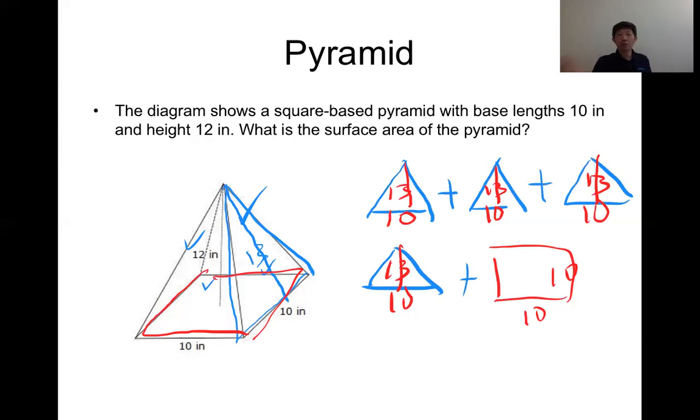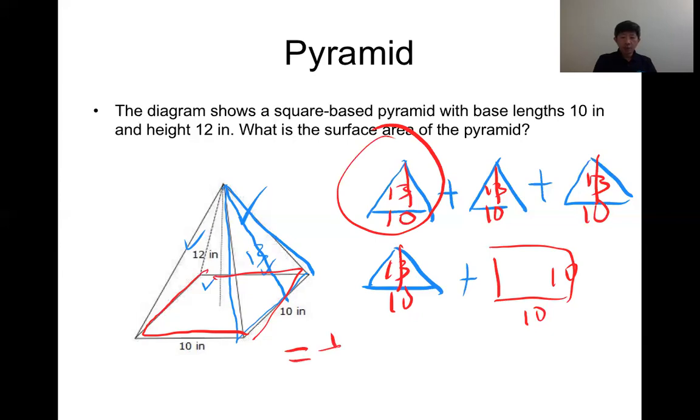So that's why we have 13 instead of 12. 12 is the height of the pyramid, but not the height of each single triangle. In order to find the surface area, we need to find the area of each triangle, combine them together, and then add the base, which is 10 by 10, okay?